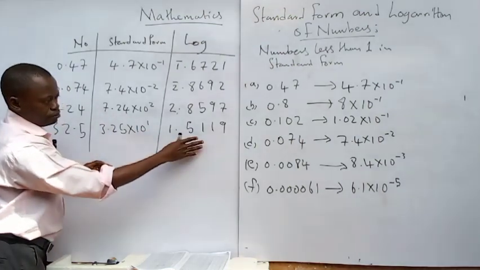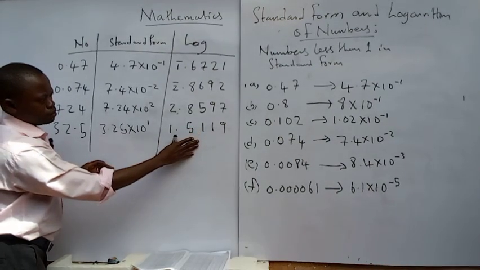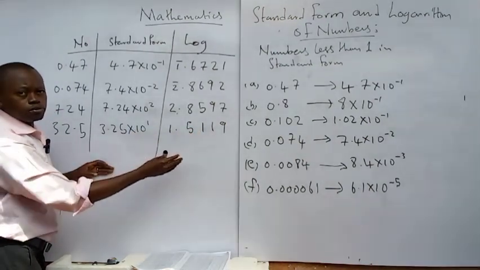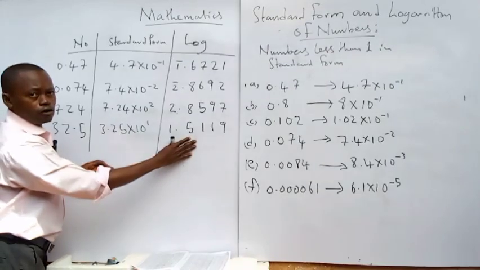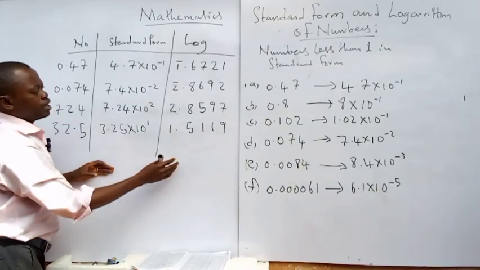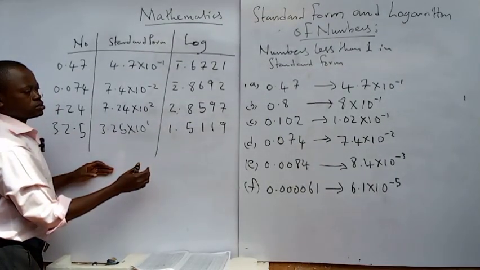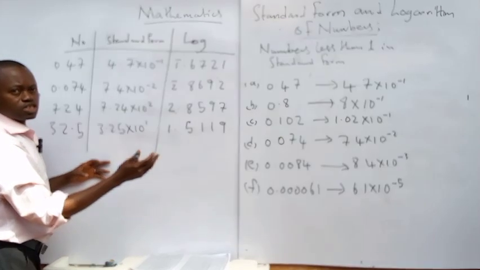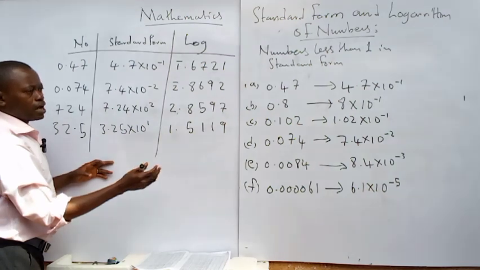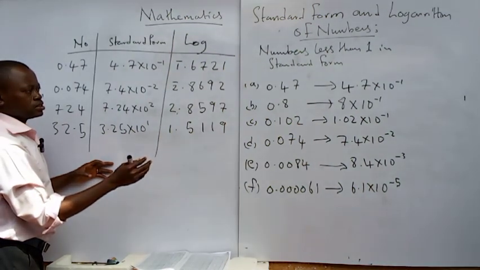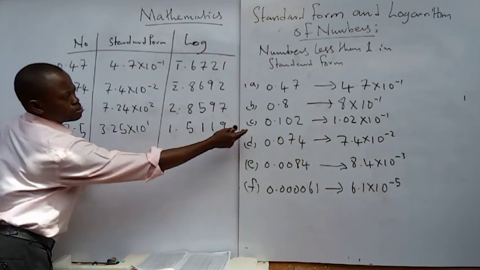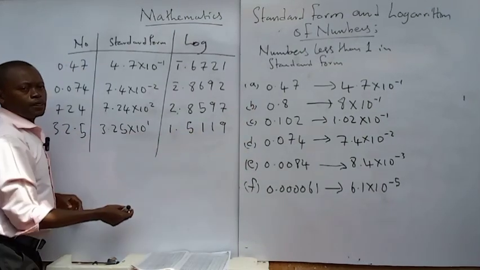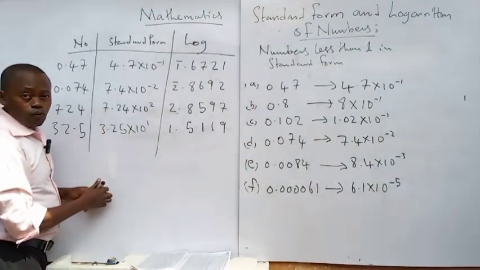From here, we are going to be heading down to simplifying problems in logarithm of numbers. We are going to come across powers, roots, multiplications, and divisions. Now I am going to bring us to that, especially as it has to do with these ones that are less than one.